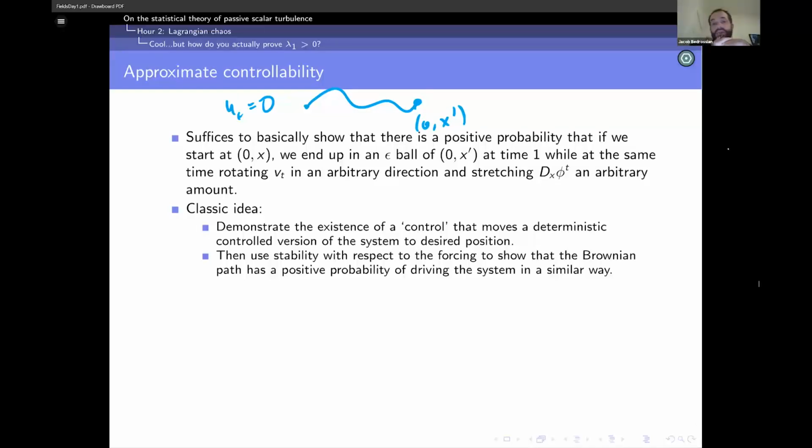And at time one, we can at the same time rotate v in any direction and stretch the flow map an arbitrary amount. So we want to know that we can stretch the flow map in any direction in a unit time step with positive probability. So why would that prove it?